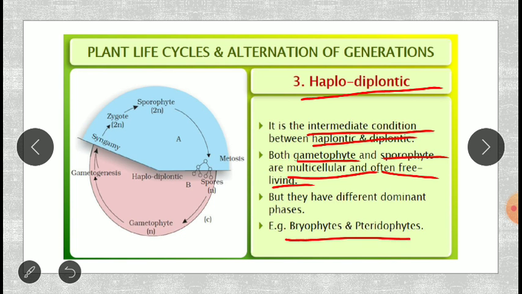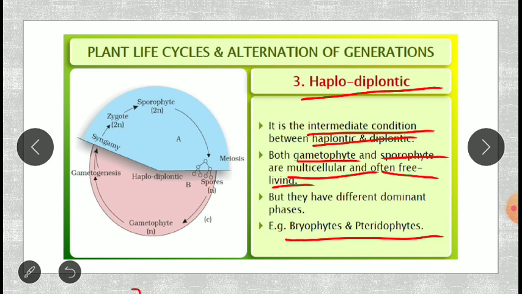So especially when I was telling you about the pteridophytes, you also remember the video that you have seen. In the pteridophytes, the gametophyte is going to be totally independent. The sporophyte is also totally independent.